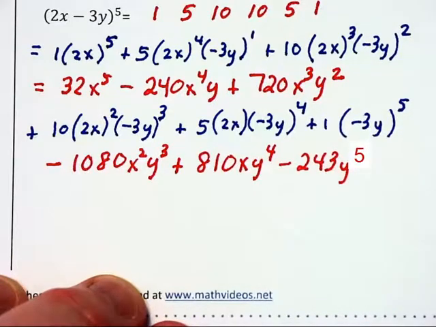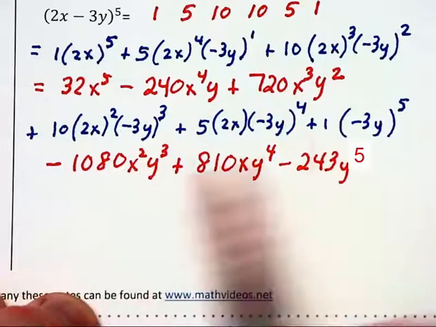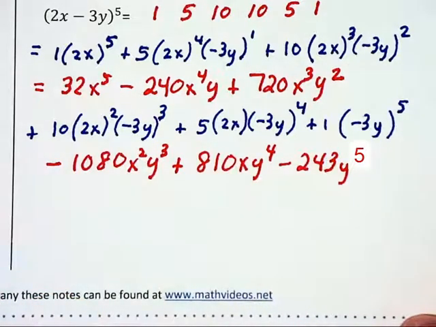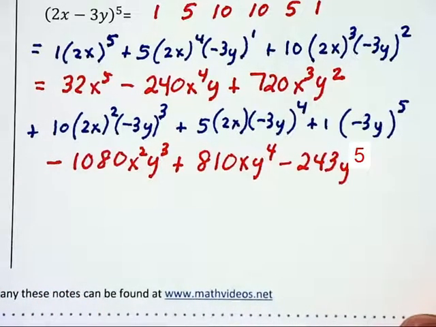That is a whole lot faster than multiplying 2x minus 3y times 2x minus 3y 5 times and doing all that distribution.